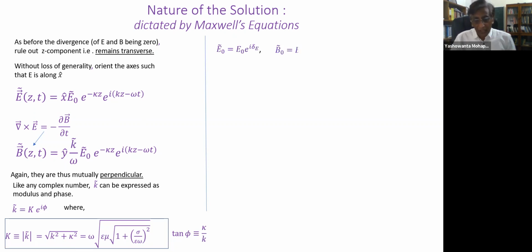So now I can introduce that E naught can have a complex amplitude. I can write it in terms of a real amplitude and a phase.